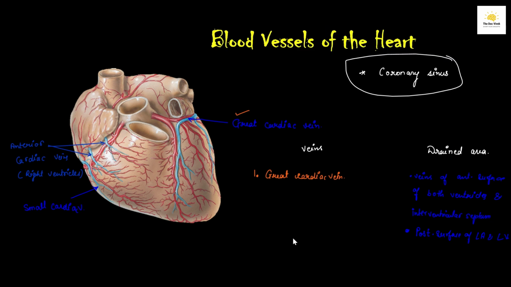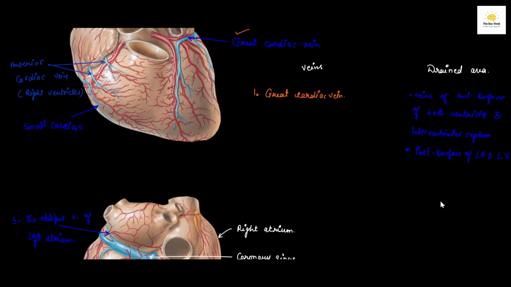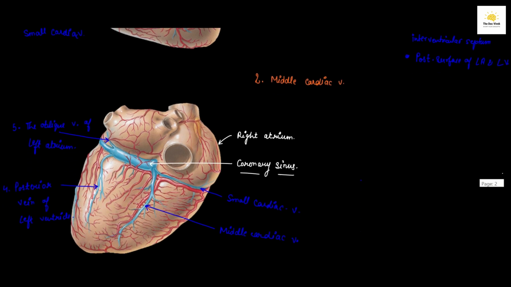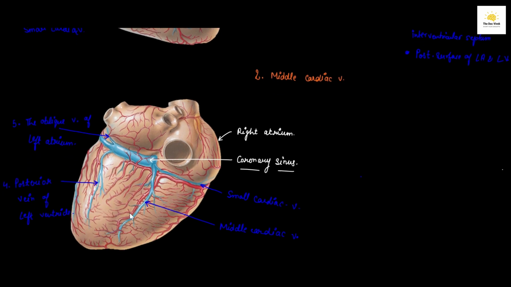Now comes the second one. The second one was the middle cardiac vein, which was present on the posterior surface of the heart and located in the posterior interventricular sulcus.